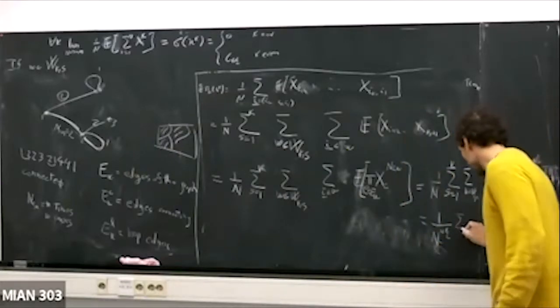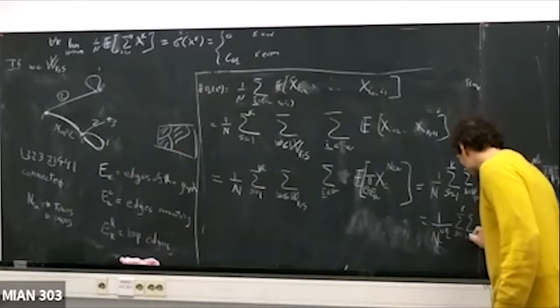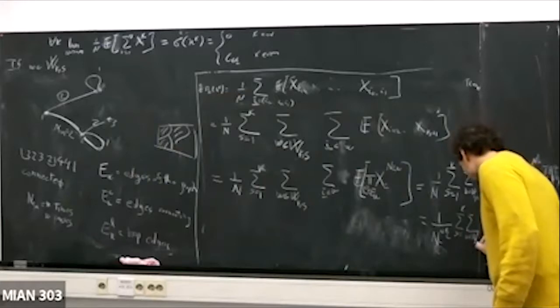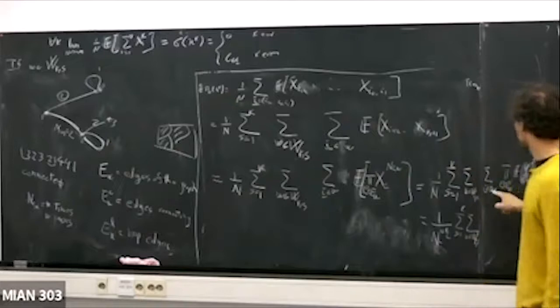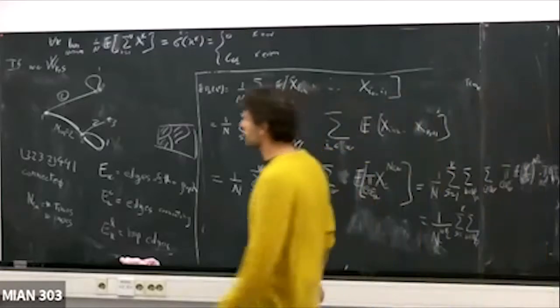Then I have the sum over all the s, the sum over all the words in the equivalence class with length k and size s. Then this guy doesn't depend on i, it only depends on the equivalence class. So it's this number times how many elements are in the equivalence class. How many elements are in the equivalence class?